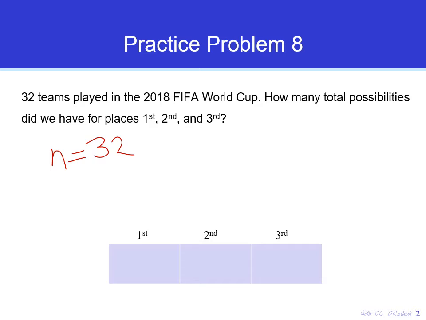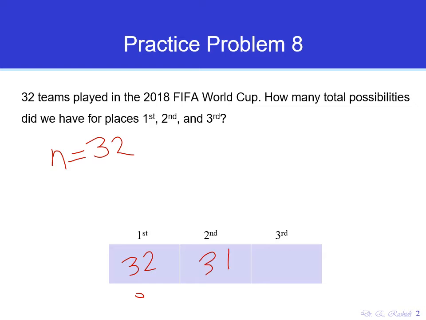For the first team, how many possibilities do we have for first place? 32 possibilities, right? Out of the 32 different teams, we have 32 possibilities for first place, but only one team can become first place. After one team becomes first place, how many options do we have for second place? 31, right?